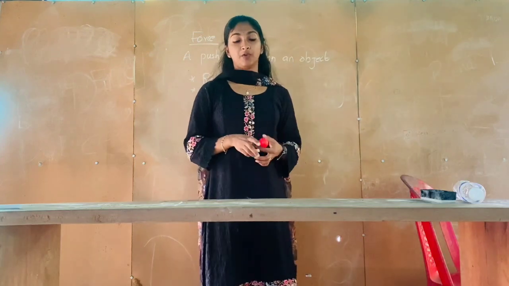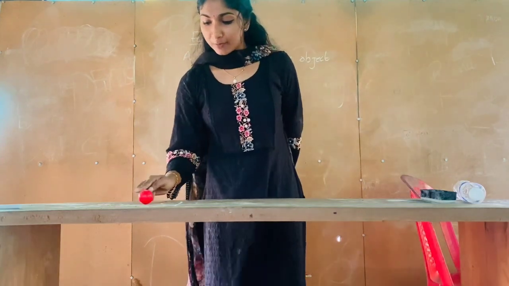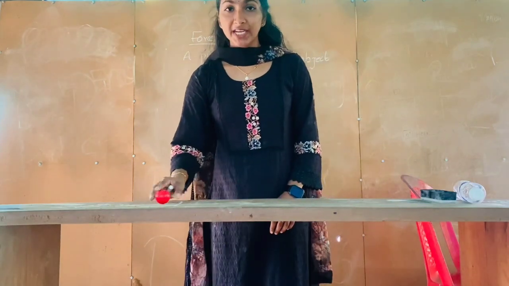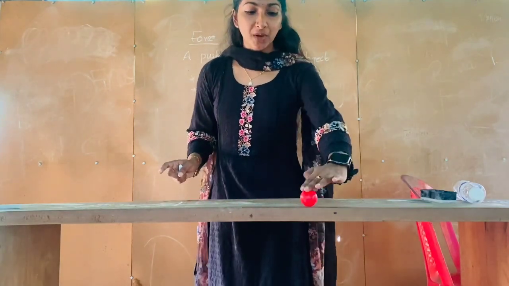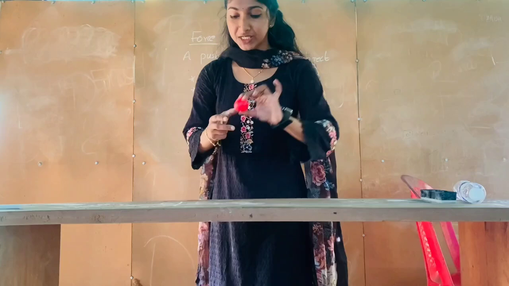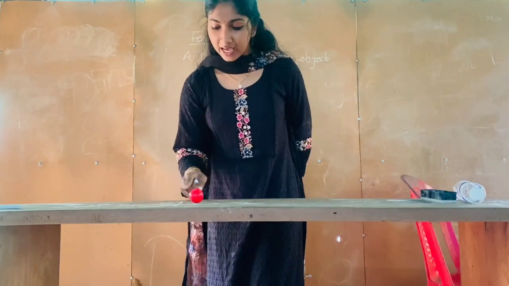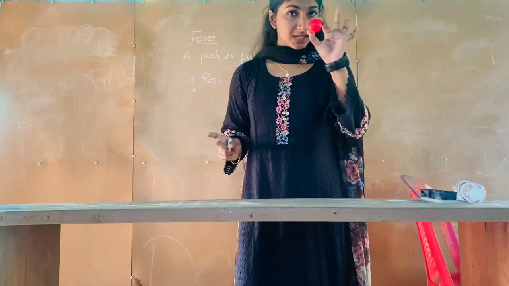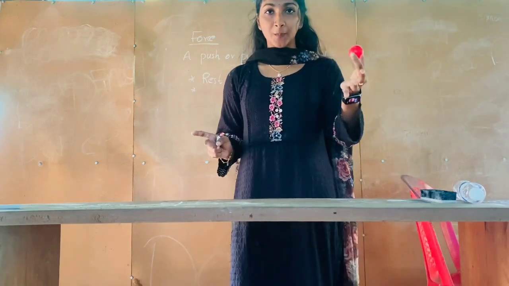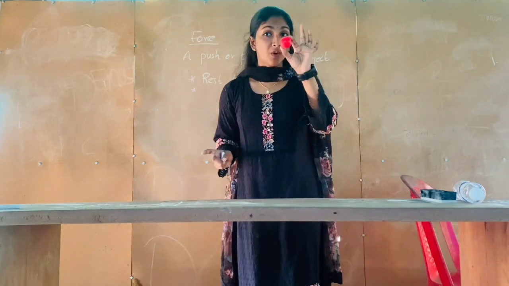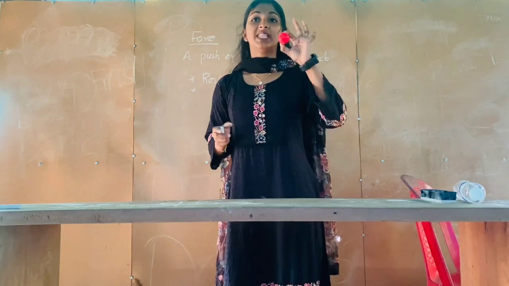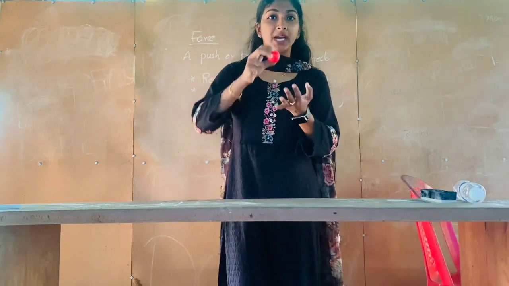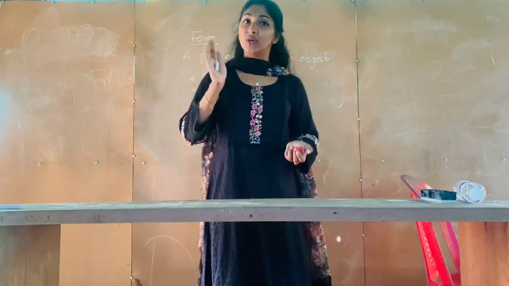Next effect of the force is, if this ball is moving and if I need to stop this ball or any other object, I need to apply a force on the object. So, with the help of the force, we can bring down or slow down a moving object to rest.